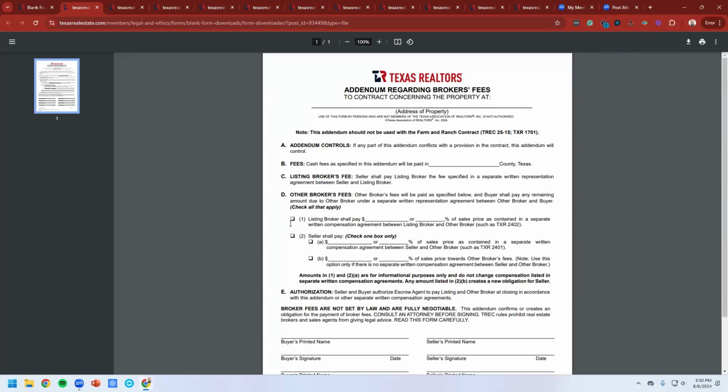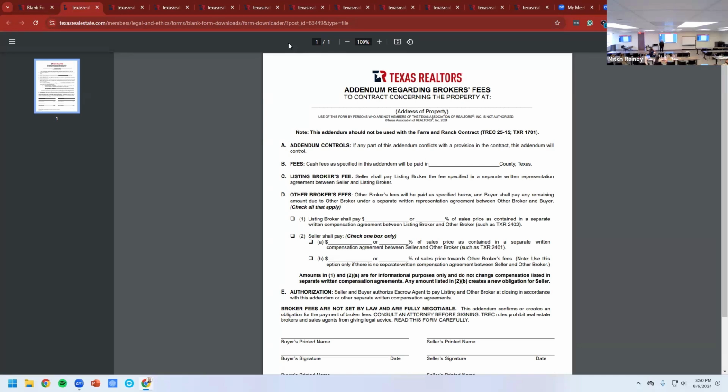Mitch, question. So we're not using this again in a builder situation if they're paying the buyer's agent. I wouldn't need this form, would I? If the buyer's paying the buyer's agent, no. If the builder is paying, well, it depends.